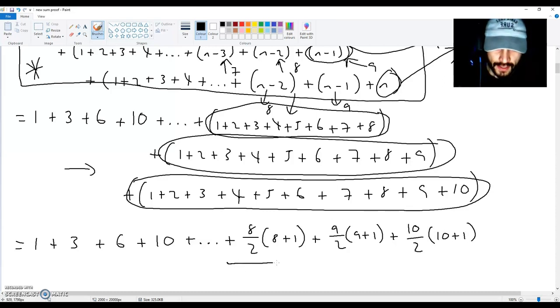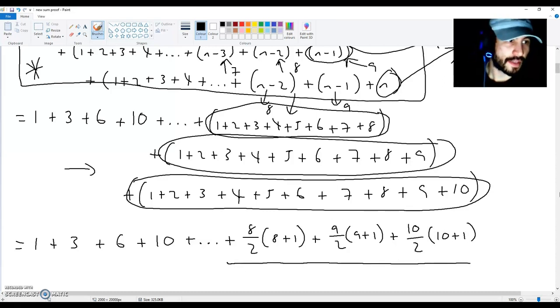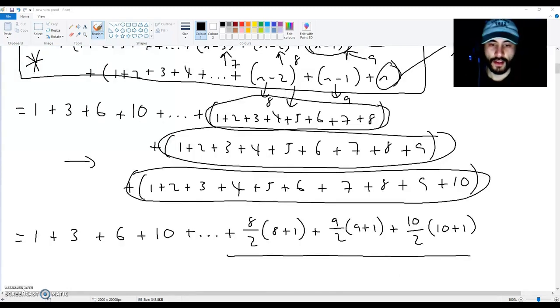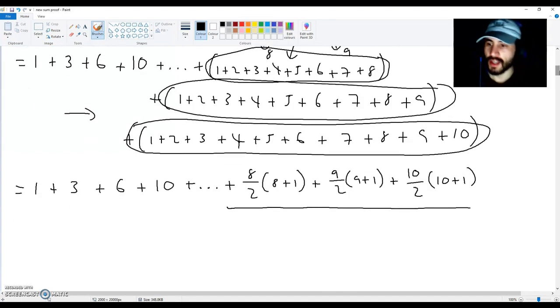Now we know this over here because of what I said earlier, that to get a sum such as this over here, you use this formula down here, n over 2 multiplied by n plus 1. Okay, so where are we at now? We are over here at the bottom of this page, and we can actually simplify this over here further.